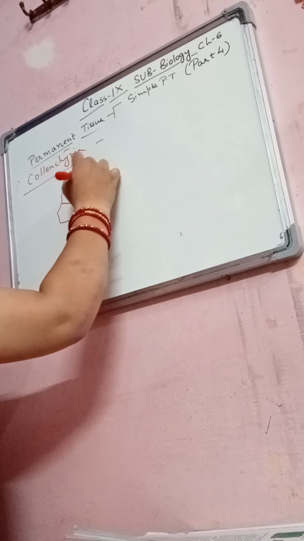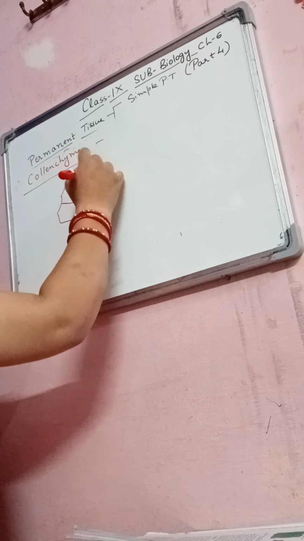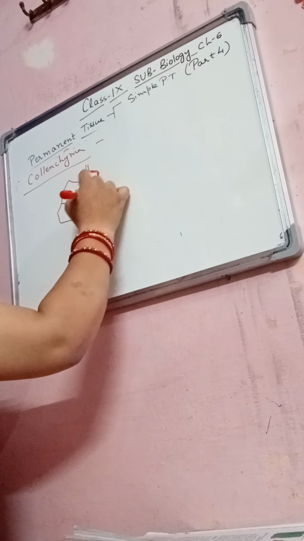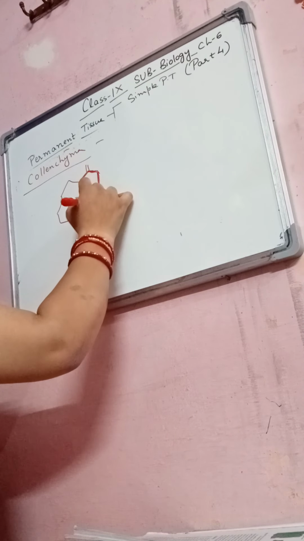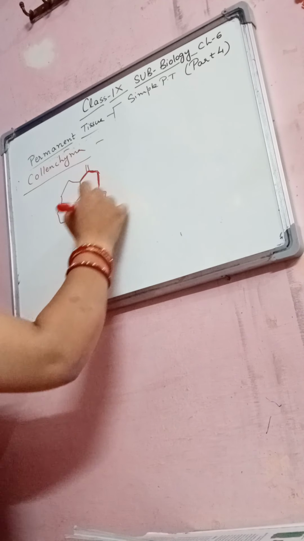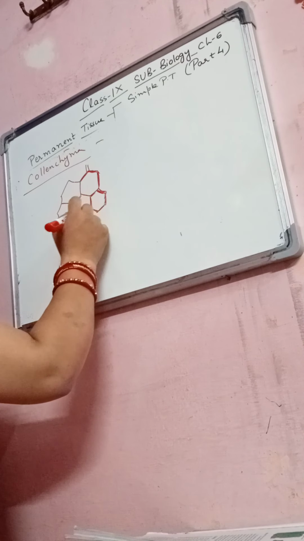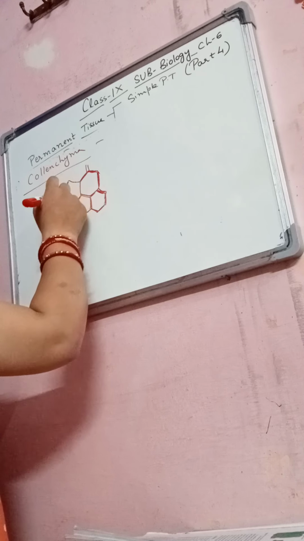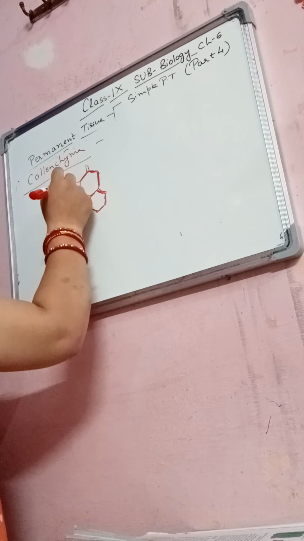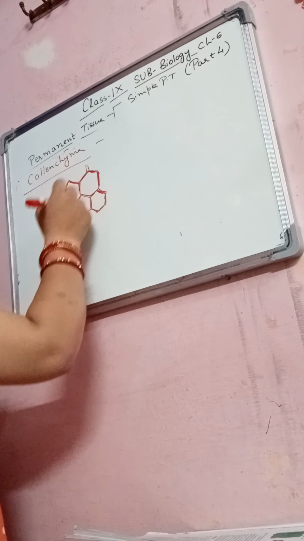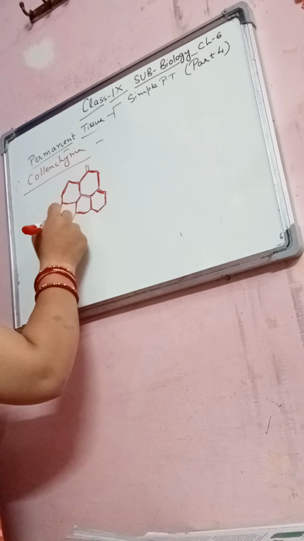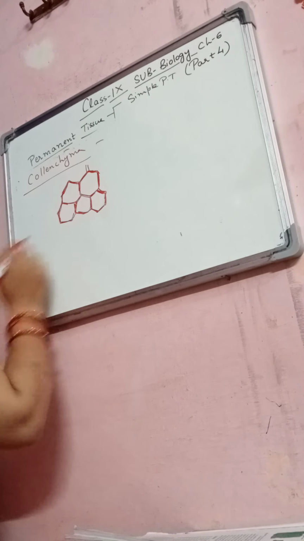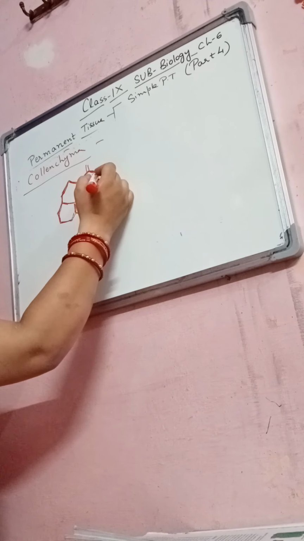At the corner of the cells, there are wall thickenings.